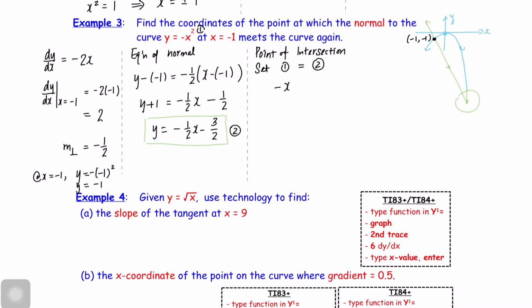So negative x squared is equal to negative 1 half x minus 3 over 2. This is 0 equals x squared minus 1 half x minus 3 over 2. I don't like those fractions, so let's multiply both sides by 2.